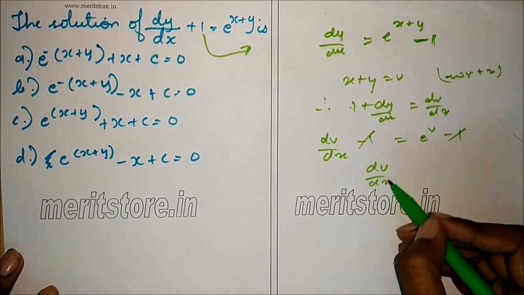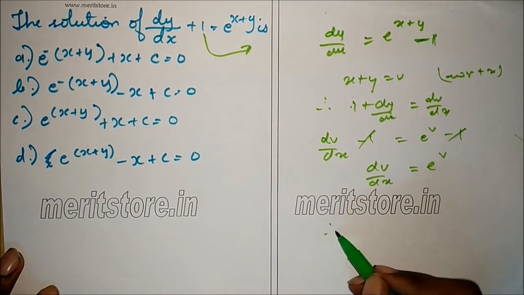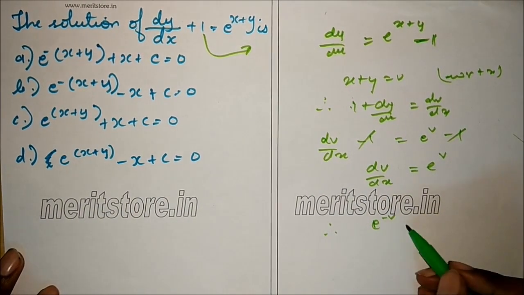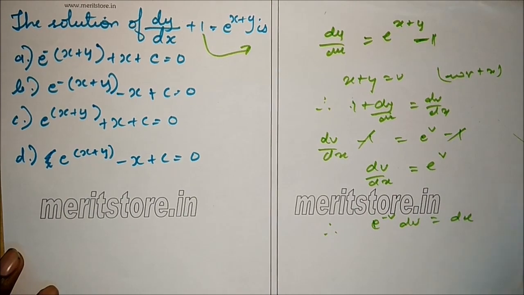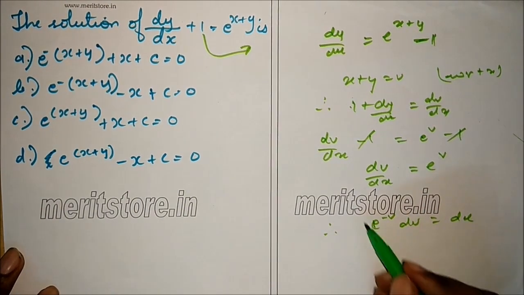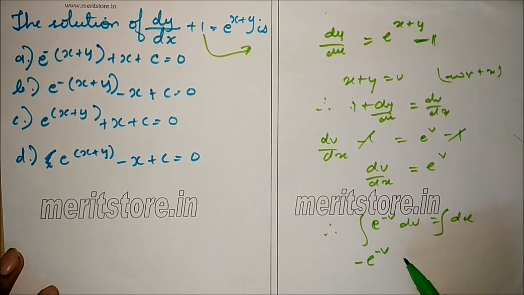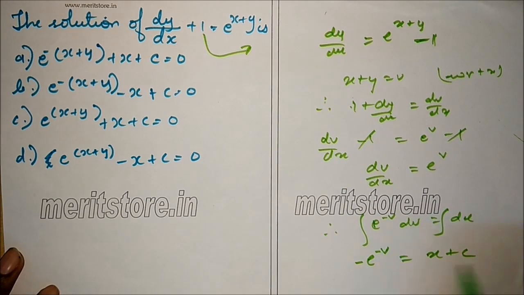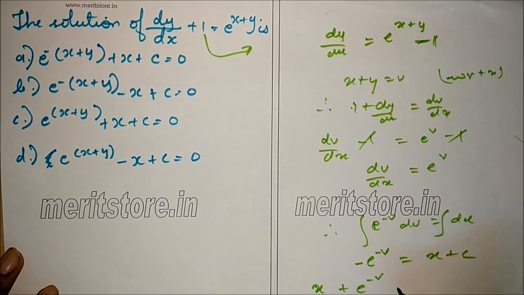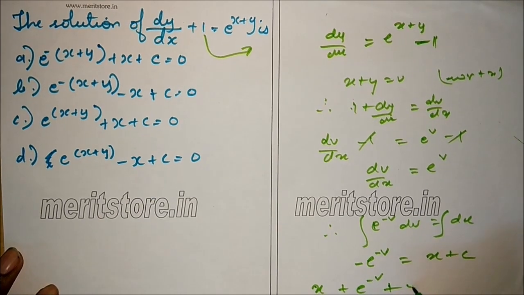So dv by dx is equal to e raised to v. So therefore, e raised to minus v dv is equal to dx. So integrating both sides, we get minus e raised to minus v is equal to x plus c. So shifting terms to one side, we'll get x plus e raised to minus v plus c equals 0.